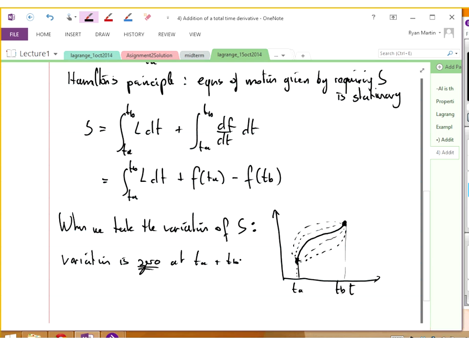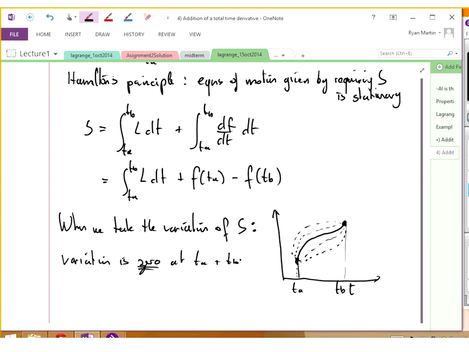So when we do the variation of S, we calculate S at the varied values of the q's and the q dots, but the variation of those values at the endpoints is 0.